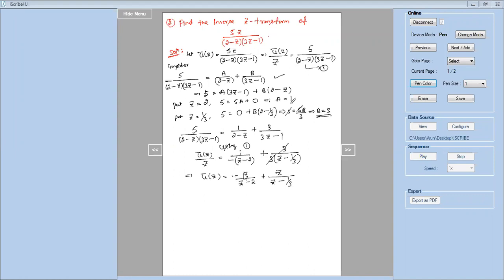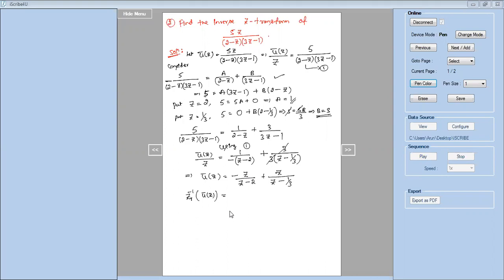So I get minus Z divided by Z minus 2. And if I send this to the second term, it becomes Z by Z minus 1 by 3. So we get u bar of Z. So take Z inverse on both sides. So if you take inverse Z transform, you get ZT inverse of u bar of Z equals RHS.